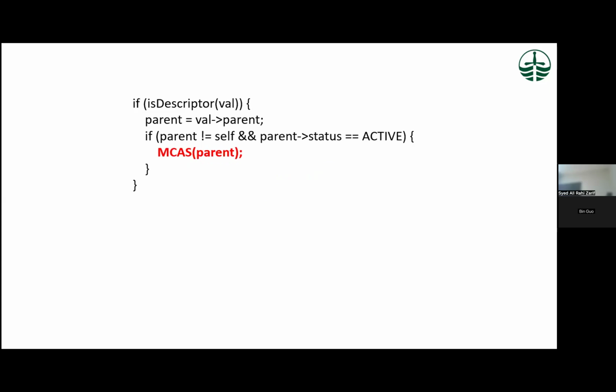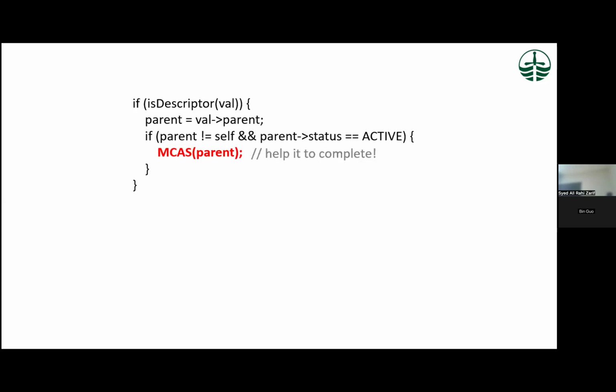And then it should check the status of the MCAS descriptor table. If we find the MCAS descriptor table is not successful, its status is active, then maybe the previous thread that was working on it is busy or stalled. So then the new thread can help the previous thread to complete the process, and it can call the MCAS parent process again.